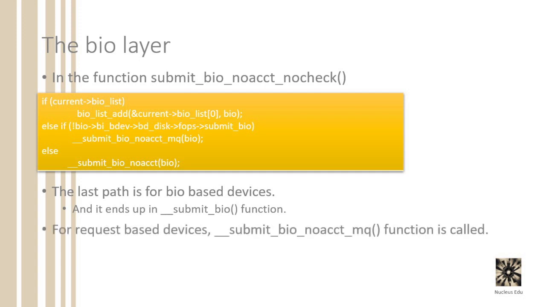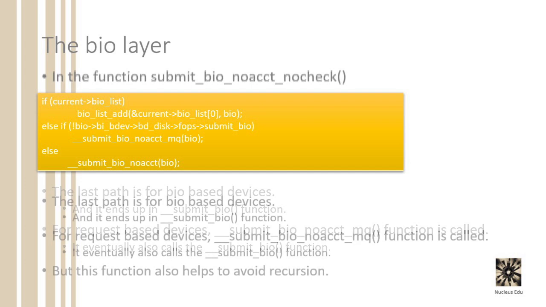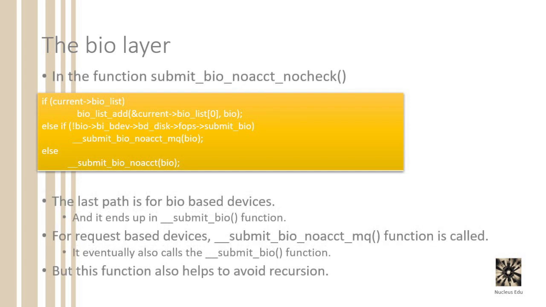For request based devices, which is the else if branch, it would go through the function __submit_bio_noacct_mq, which also eventually calls the __submit_bio function. These two are the parts that we're going to discuss a little while later, but we will focus right now on the first branch in this if else logic, which helps to avoid recursion in the bio layer.